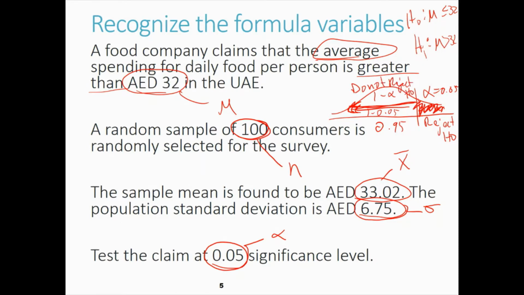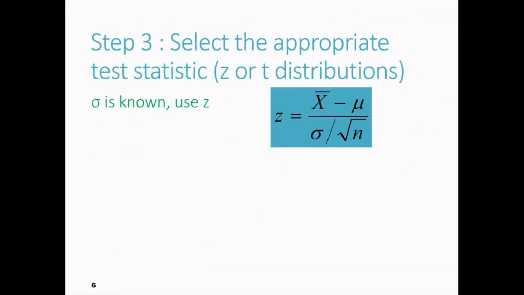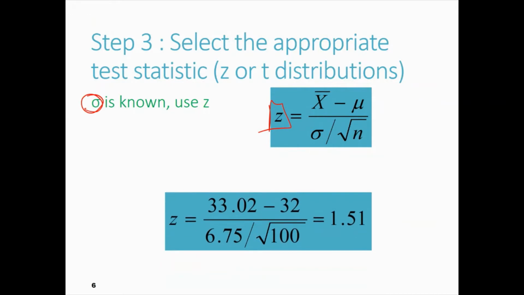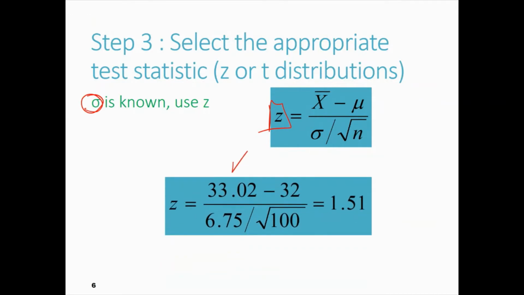Now let's go see what we do with all of these variables. Since we know that they've given us the population standard deviation, we will calculate for Z. The sample mean was given to us at 33.02.